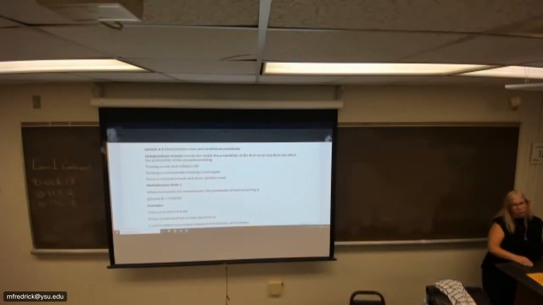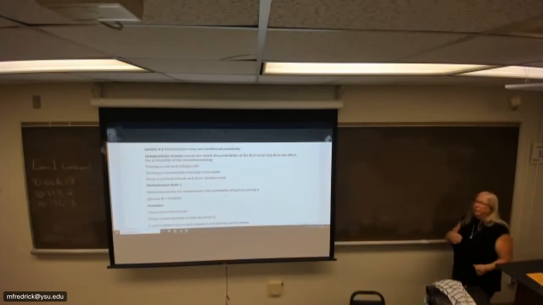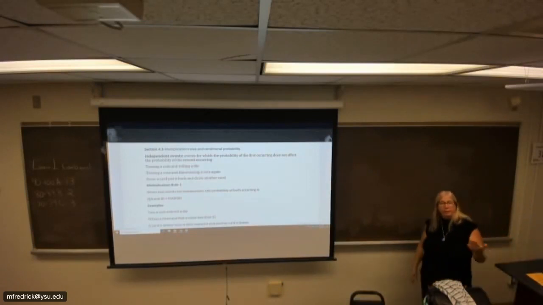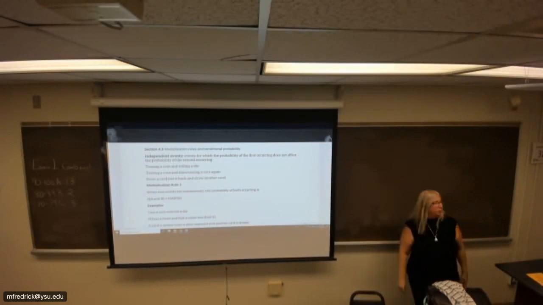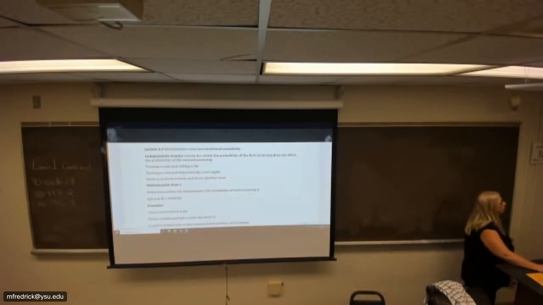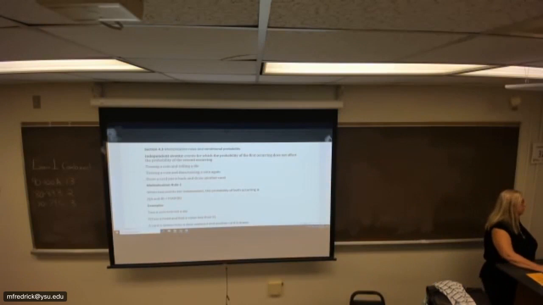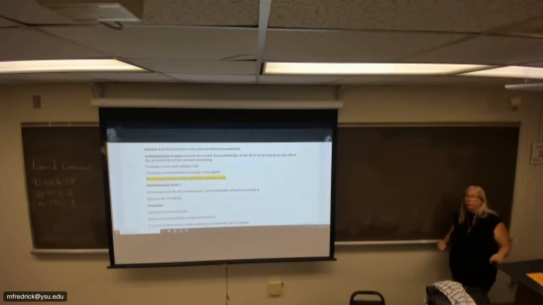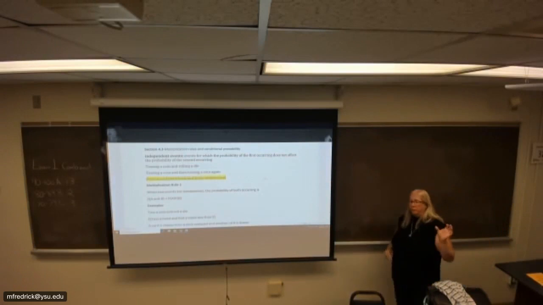If we toss a coin and then toss it again, each time it's independent of the other. It's not going to change its probability. A case where it could change the probability is this one here. When we draw a card, we have a deck of 52 cards.